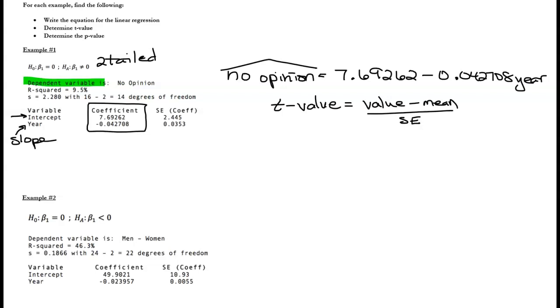So we are finding the t-value for slope. And so our slope is this right here, negative 0.042708. And it's minus our hypothesis value, that's the mean, which is 0. And then you divide it by the SE of slope, which is right here.